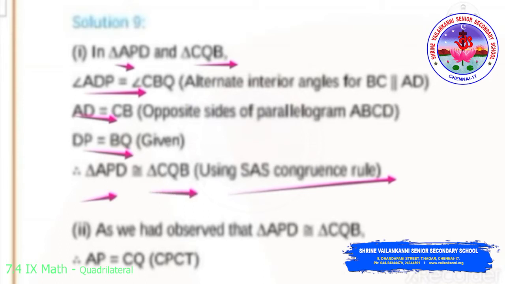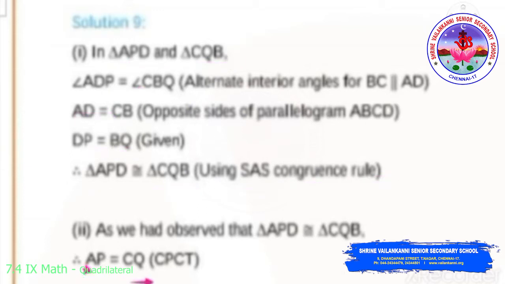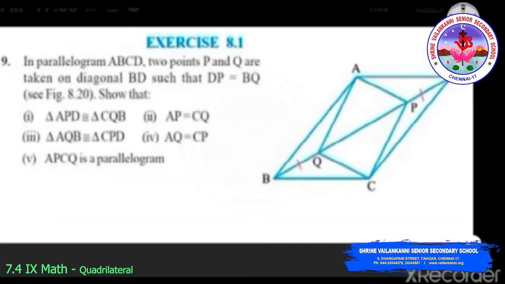Second subdivision, I need to prove AP is equal to CQ. Since AP and CQ are involved in triangle APD and triangle CQB, and we already proved that both the triangles are congruent, I can show that AP is equal to CQ by CPCT. For the third subdivision, I want to prove that triangle AQB is congruent to triangle CPD.